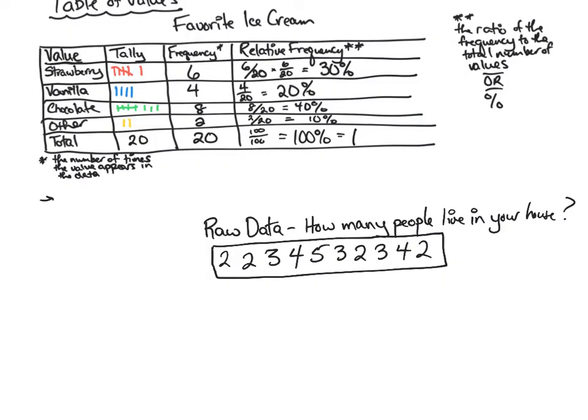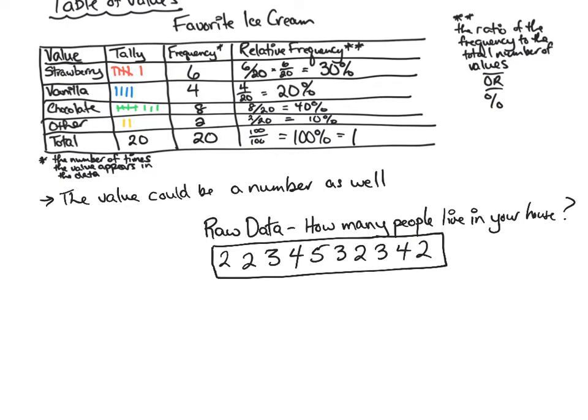So, something to consider. The value, when you're looking for your variable, could be a number as well. Consider the data below. In this raw data, the question is how many people live in your house, and you have the selection 2, 2, 3, 4, 5, 3, 2, 3, 4, 2.